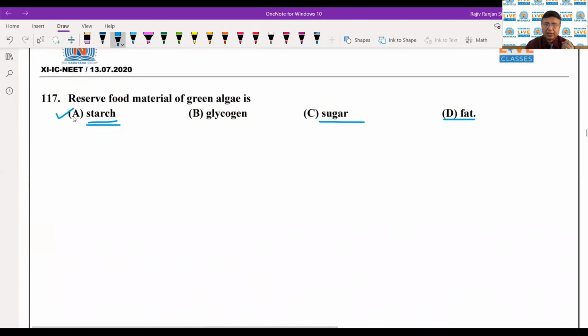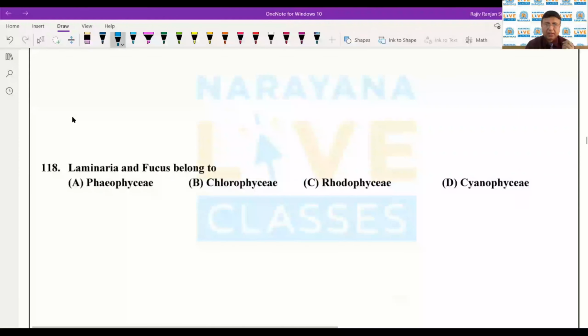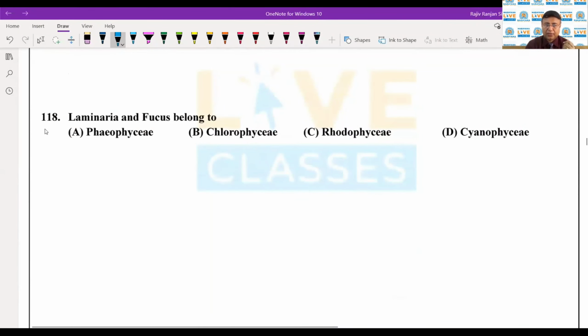So let's now just move over to the next question, that is laminaria. Question number 118. Laminaria and fucus belong to Phaeophyceae, Chlorophyceae, Rhodophyceae, and Cyanophyceae. The correct answer is the Phaeophyceae. Both of them are brown algae. They are marine.